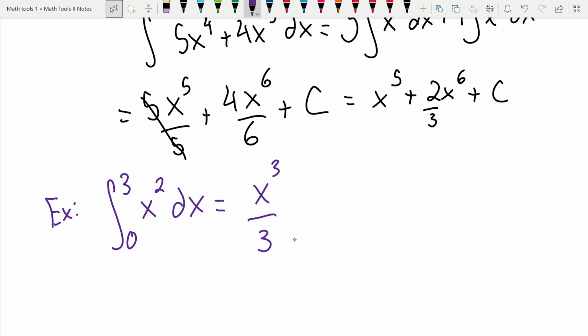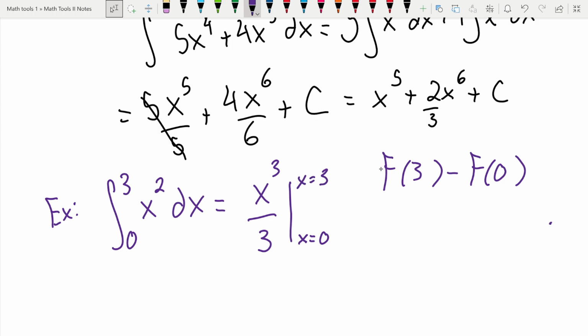Now the way we usually write this, remember that by the fundamental theorem of calculus, this is equal to F(3) minus F(0). So the way we normally will write this is that we'll put a vertical bar here and then write the limits of integration on here to say what numbers this needs to be evaluated at.